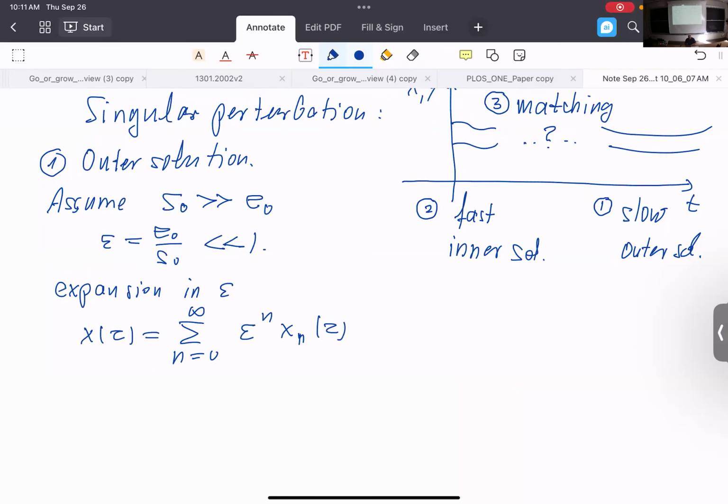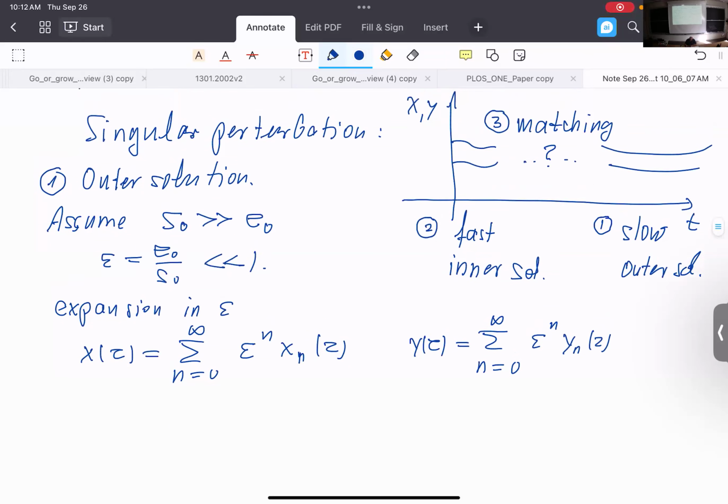So we write x of tau to be a sum, n is 0 to infinity, epsilon to the n, xn of tau. Right, so then this is x0 plus epsilon x1 plus epsilon squared x2, etc. And if epsilon is small, then epsilon to the n will be super small. So the higher order terms will become very small as well. And then y of tau, we do the same thing. N is 0 to infinity, epsilon to the n yn of tau. Good. And now we sub this in, okay?